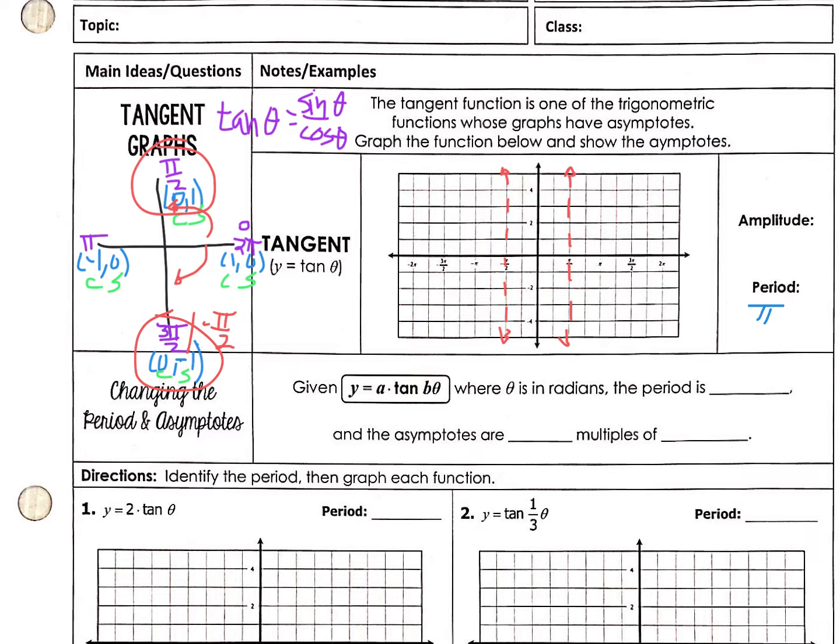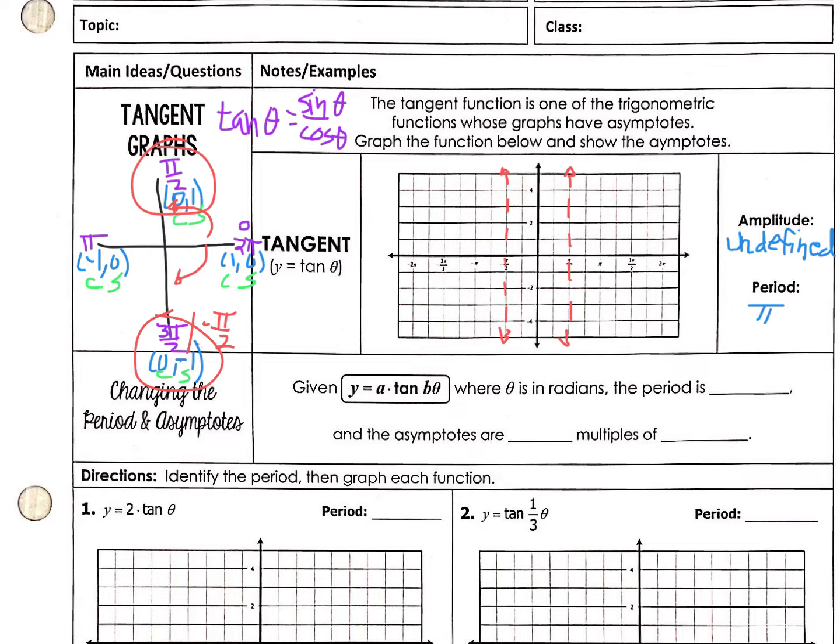And then your amplitude, which is how high or how low tangent goes, that is also going to be undefined because here's what the graph looks like. So there is no amplitude. You're going to see the amplitude in front of the function, but it will have no effect really on the curve itself. So here's what we're going to end up doing.